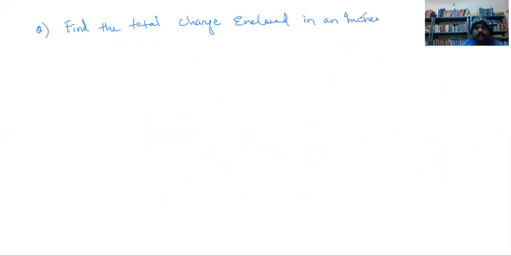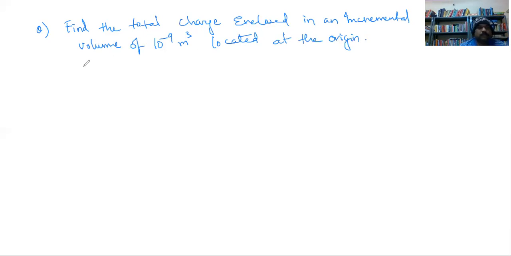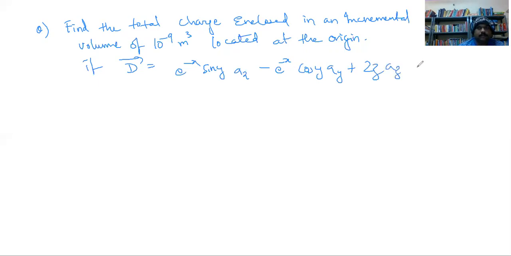We'll take up one problem and we will stop. Find the total charge enclosed in an incremental volume of 10 raised to minus 9 meter cube located at the origin if D is equal to e raised to minus x sin y ax minus e raised to minus x cos y ay plus 2z az coulombs per meter squared.